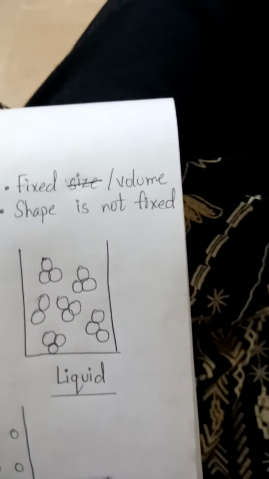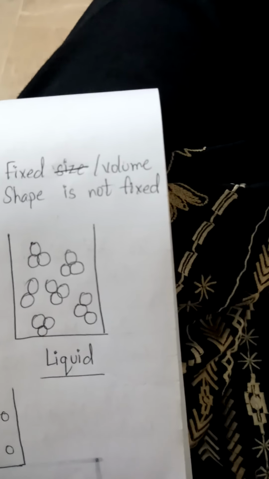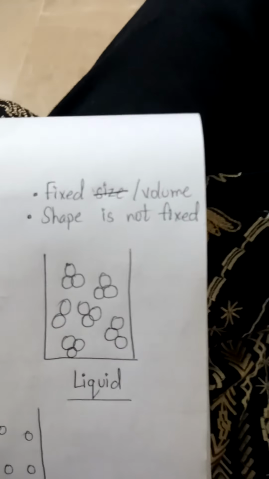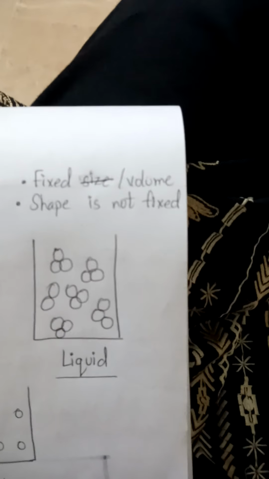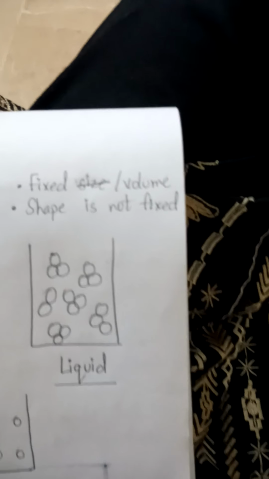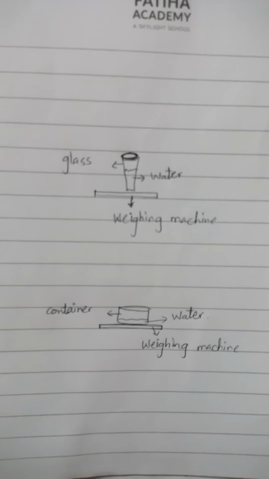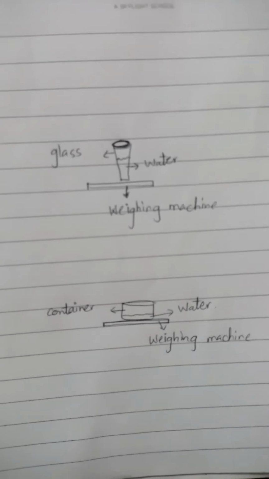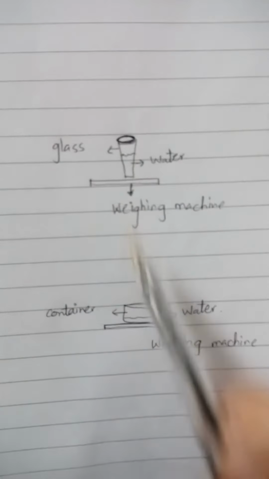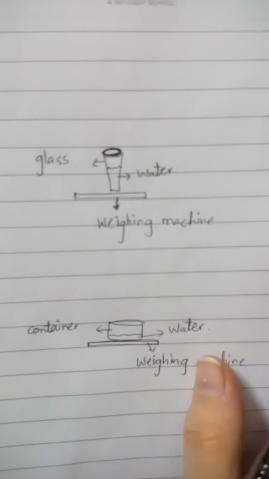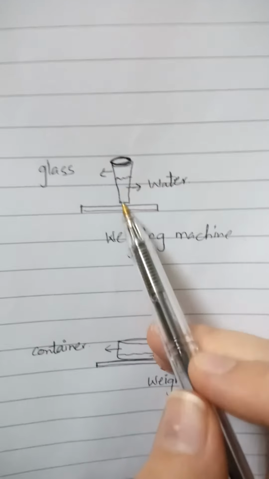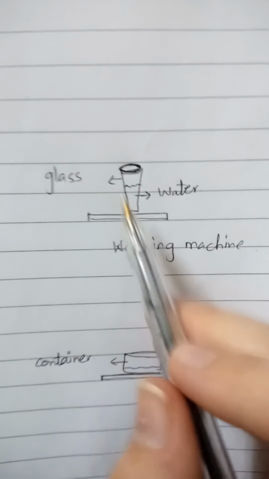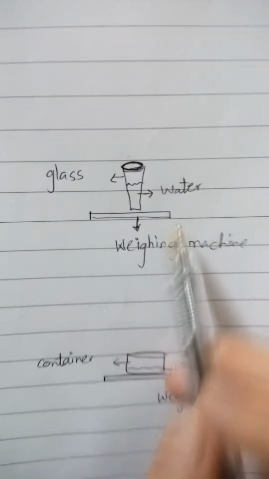Now see, for example, if you weigh a jug of water on a weighing machine, and if you subtract the weight of the jug from it... Okay, forget the example of the jug. Look at this example. Please ignore my drawing. If I weigh a glass of water, this is a glass, this is the water, and this is my weighing machine.